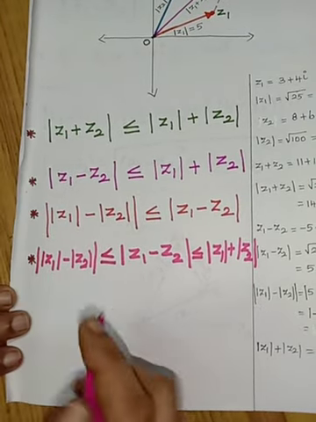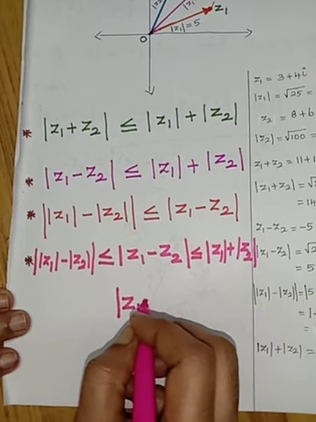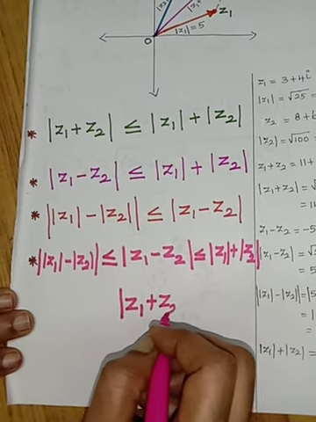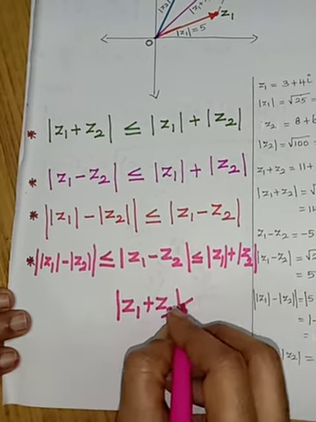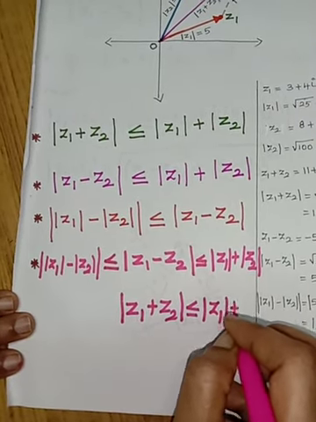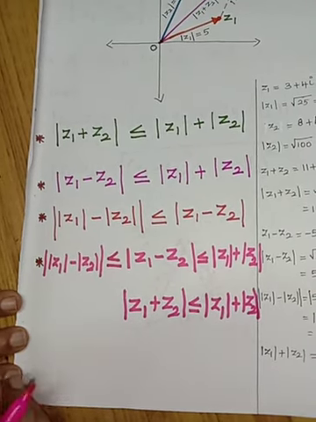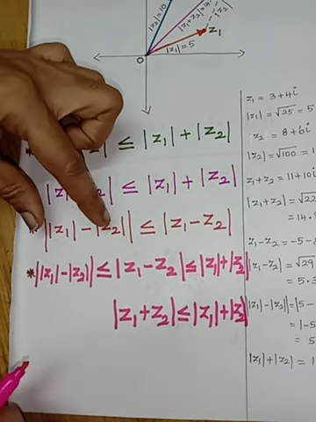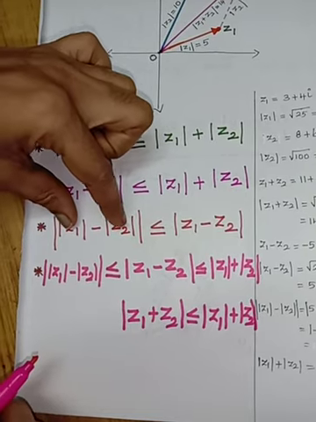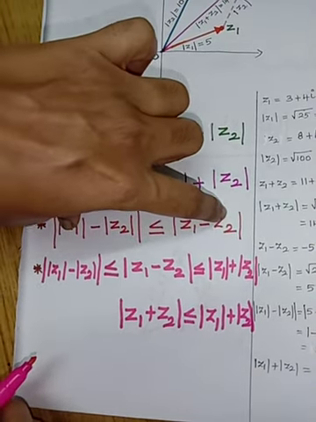Already in the triangle inequality we have written modulus of z1 plus z2. How is it? It is less than or equal to modulus of z1 plus modulus of z2. This is the triangle inequality. While comparing, this one is less than or equal to modulus of z1 minus z2.